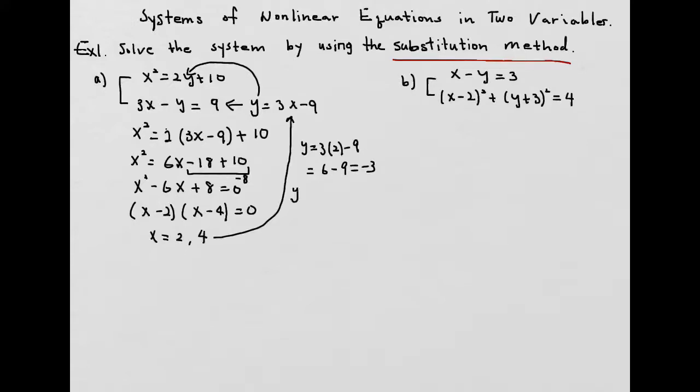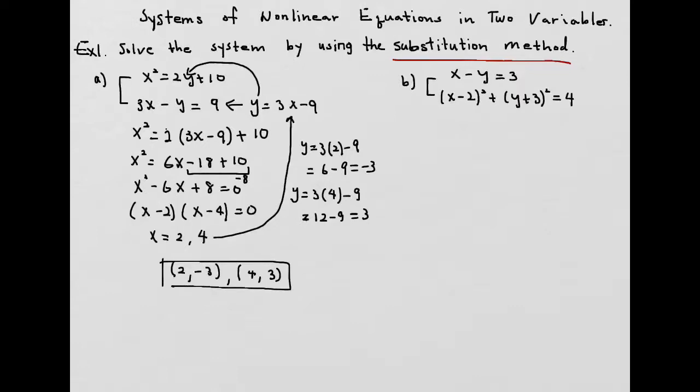And you can also have x equal to 4. Then you're going to have 12 minus 9, that's equal sign. So then you will get positive 3 on this one. So you have two sets of solutions. When x is 2, y will be negative 3. And when x is 4, y is 3.